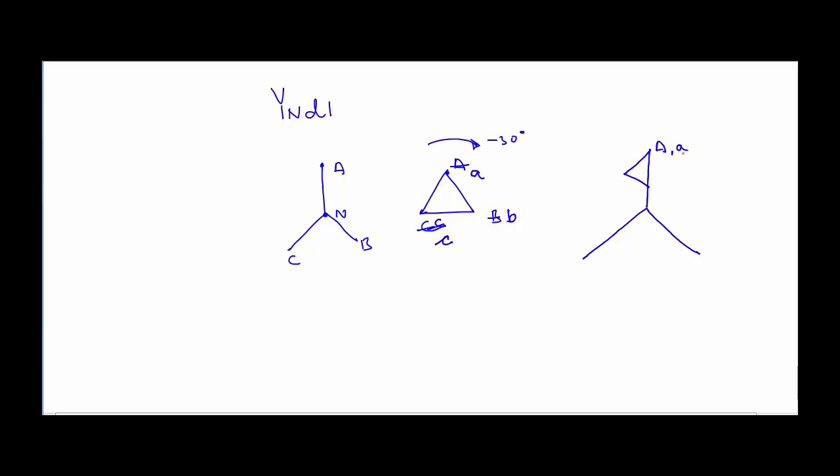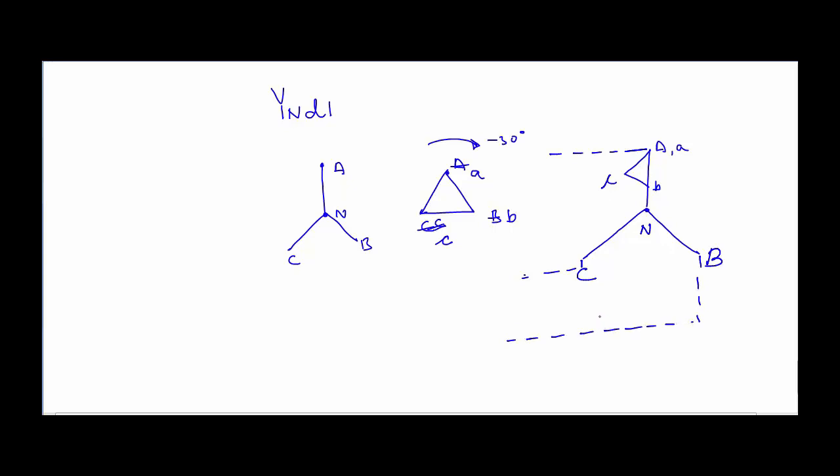This is capital A, small a, then we have small b, small c, and then we have capital B and capital C, and this is capital N. Now we are going to apply three-phase balanced voltage across capital A, capital C, capital A, capital B, and capital C, capital B. So we are going to have three-phase application across all three phases of the high voltage side of the transformer, and we are going to do the measurement.